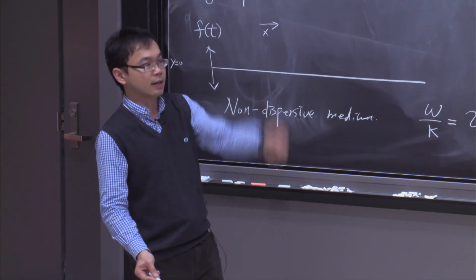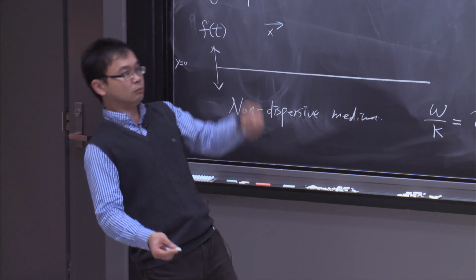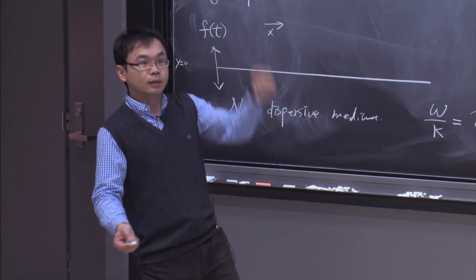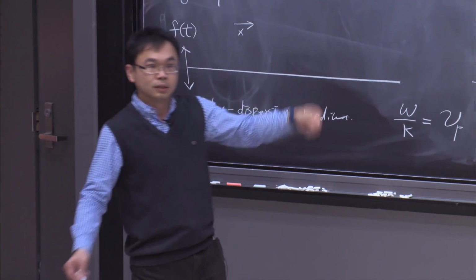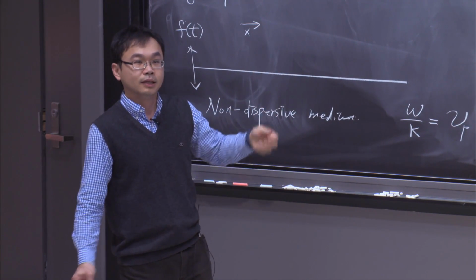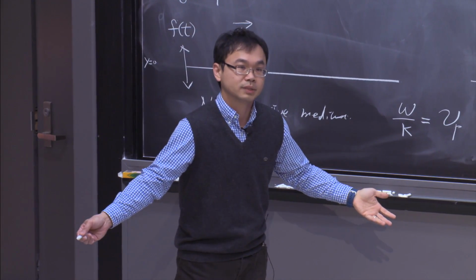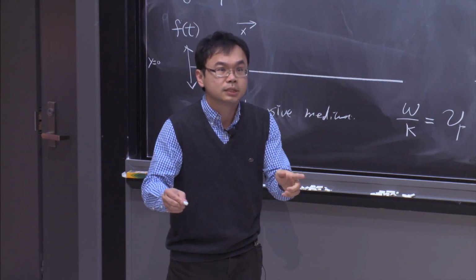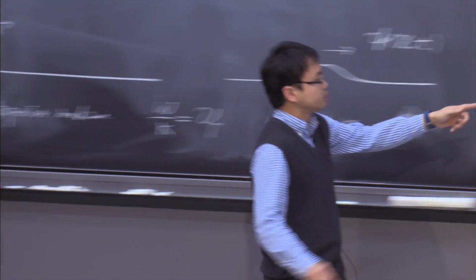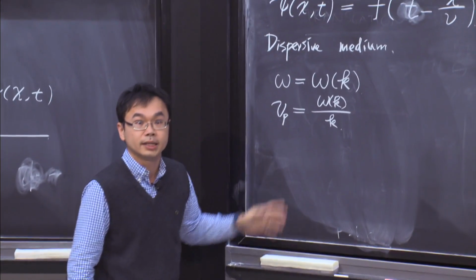So I can shake this at different speeds, and I can always decompose the motion of Yen-Jie's hand into many, many harmonic waves. The trouble is all those harmonic waves are going to be traveling at different speeds.